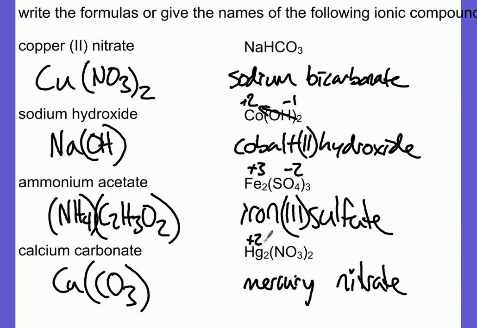But I got to remember that sometimes the mercury is polyatomic, sometimes it isn't. In this case, if I move that 2 up here, I'd have a -2 charge for my nitrate, but that doesn't make sense. My nitrate has a -1 charge, which means this 2 is supposed to stay where it is, which actually tells me that this is mercury 1, not mercury 2.